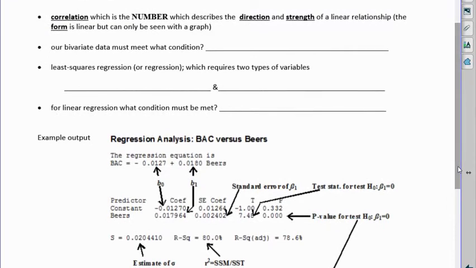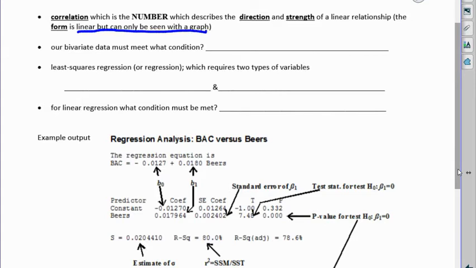First of all, correlation is the number which describes the direction and strength of a linear relationship. The form that we need if we are doing linear regression must be linear, but we can only see that with a graph.